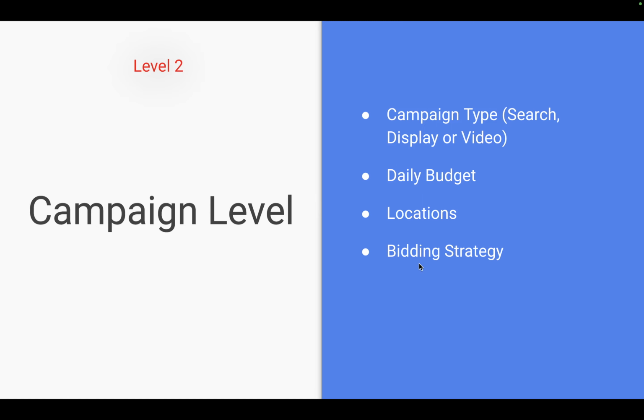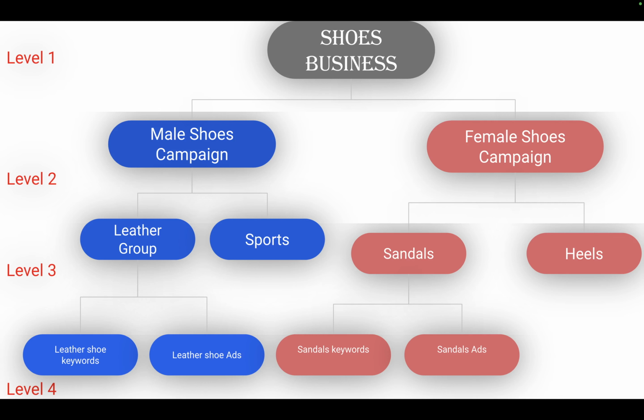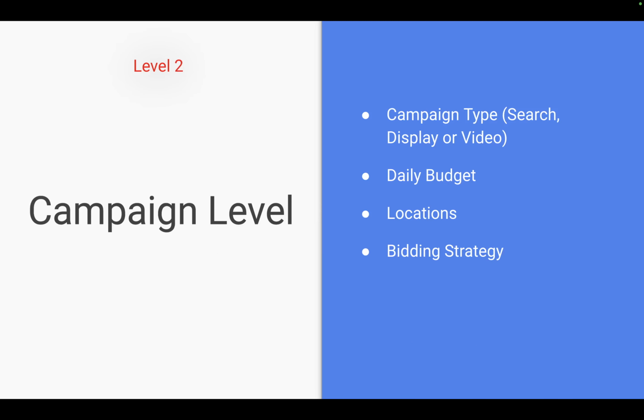So if you have to make one male shoe campaign as a search campaign and the other female shoe campaign as a display campaign, you always have to create 2 separate campaigns because this setting is available at the campaign level.